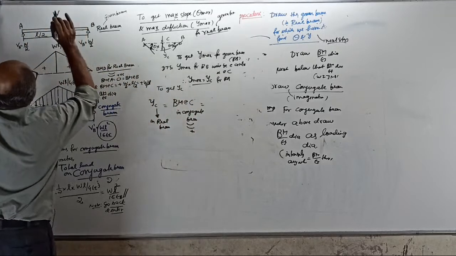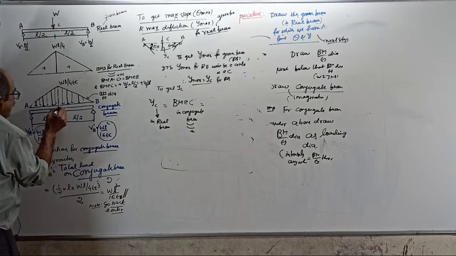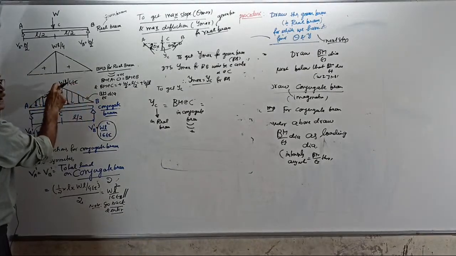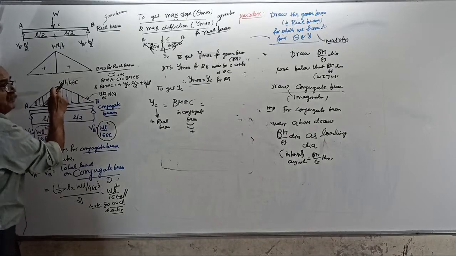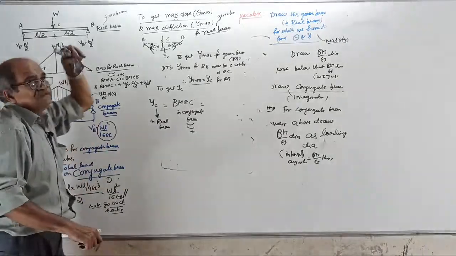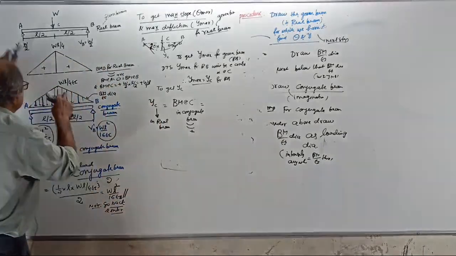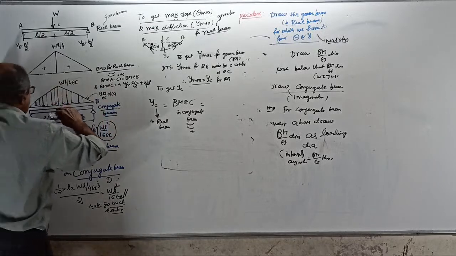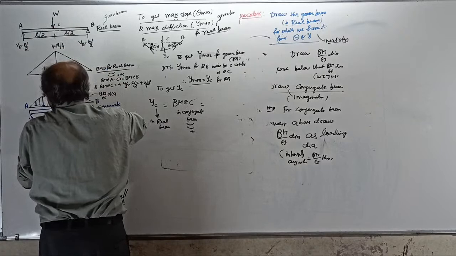If you want deflection here, find bending moment here. Remember, this is not the bending moment; this is the loading diagram. It was the BMD for the real beam, but for the conjugate beam this is not the BMD, this is a loading diagram. I want the BM at C.